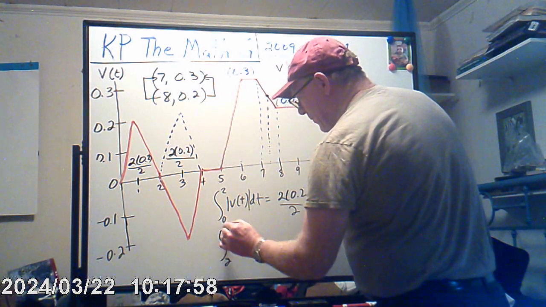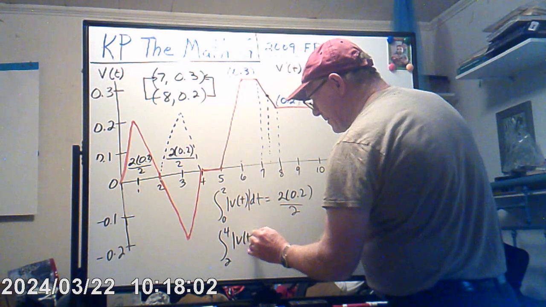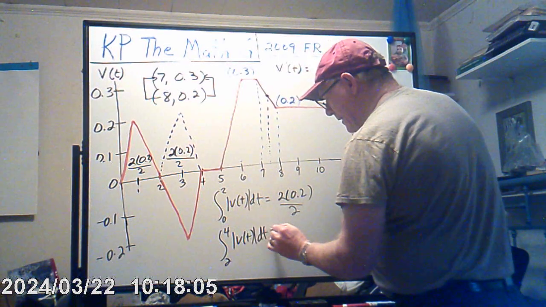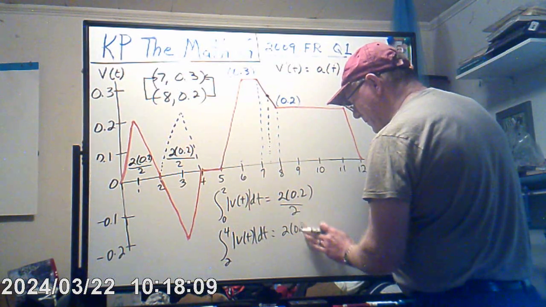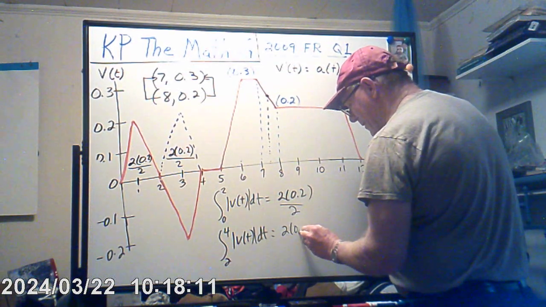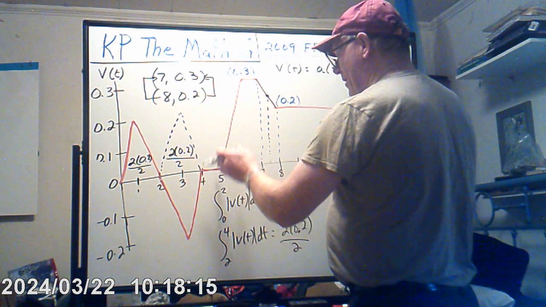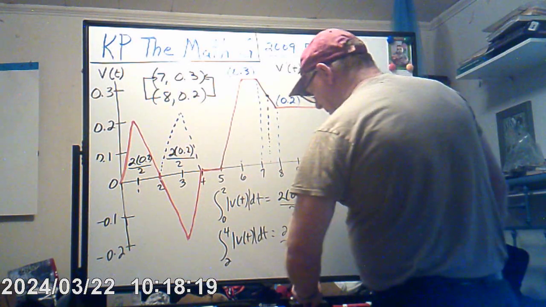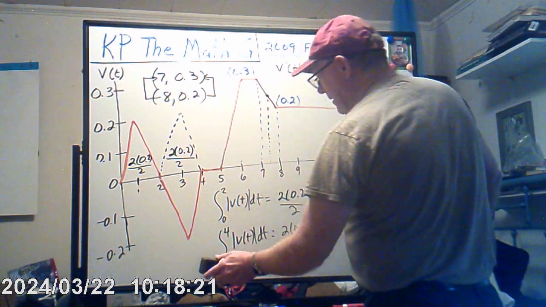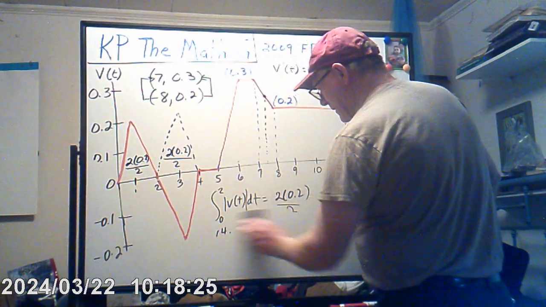From 2 to 4, same thing, the integral of v of t dt is equal to 2 times 0.02. What is wrong with me today? Okay, over 2, and keep going and keep going. Alright, like that, and you're going to add all that stuff up, see? Alright, so from 2 to 4, alright.